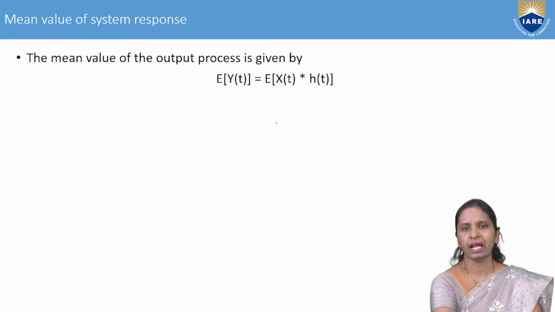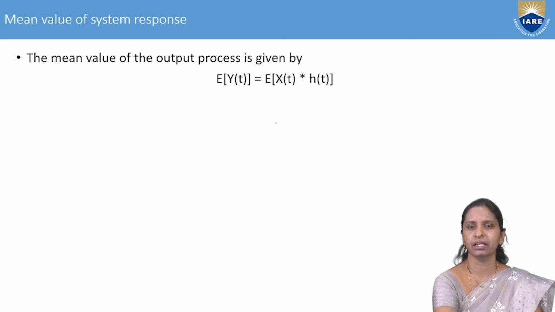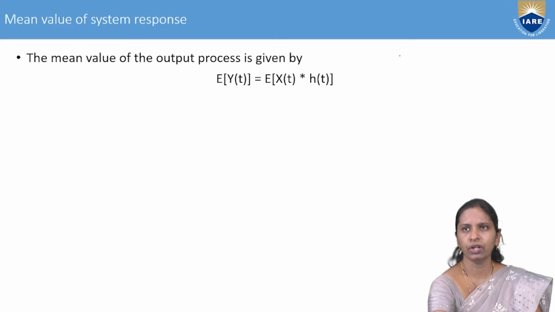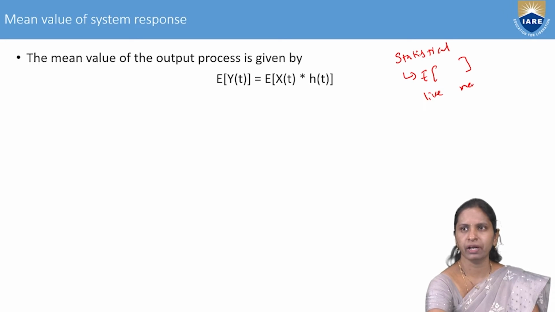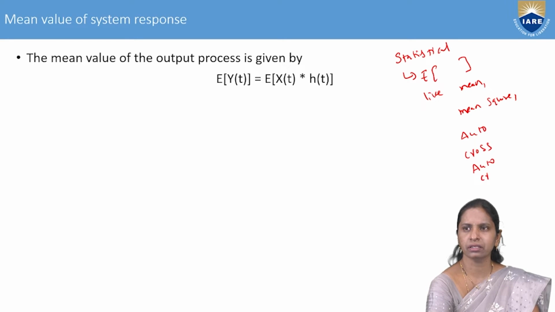Now we will calculate the statistical properties of the response of the system. What do we mean by statistical properties? Statistical properties are nothing but calculating the expectation of it. For example, mean value, mean square, and similarly autocorrelation, cross correlation, autocovariance, cross covariance, variance.